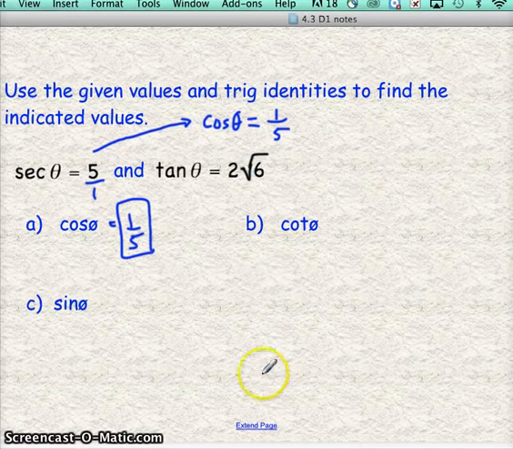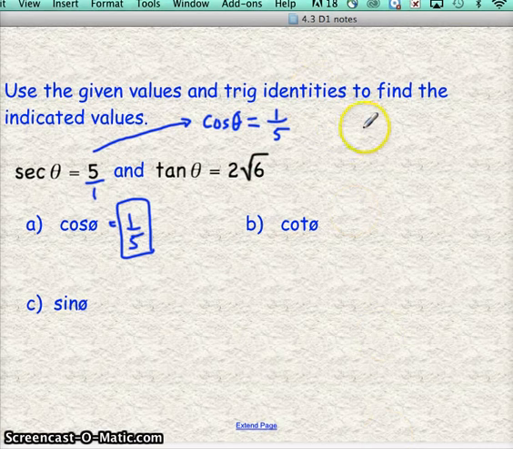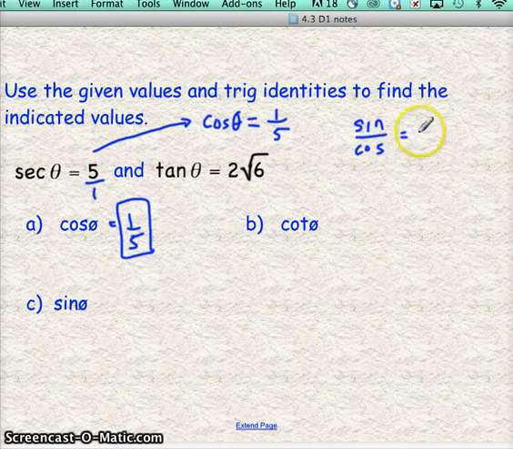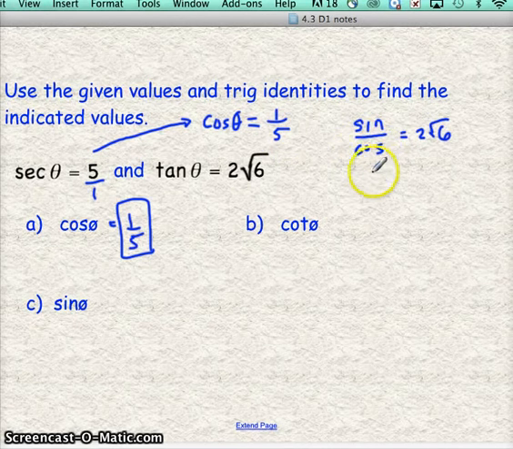Tangent, we just got done talking about, is sine over cosine. So as of right now, I know that sine over cosine is 2 radical 6. Okay, and we just found that cosine was 1/5, so I could put a 1/5 in for cosine.